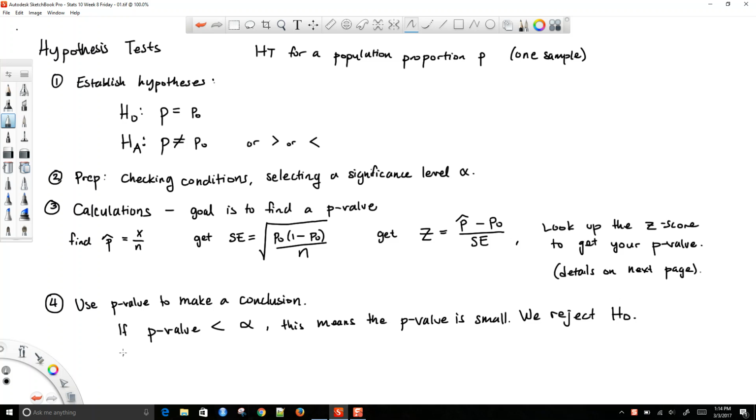On the other hand, if the p-value is greater than alpha, we do not reject the null hypothesis.